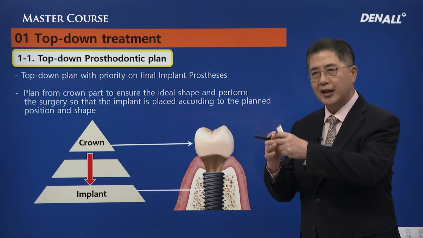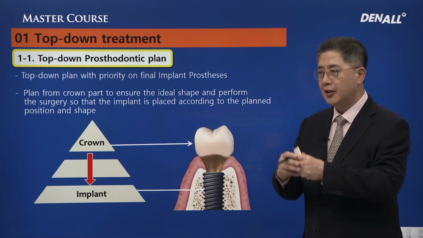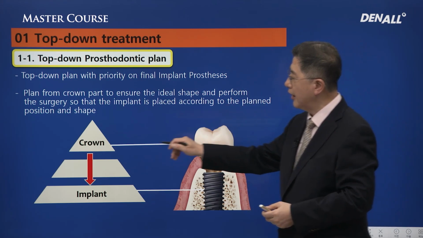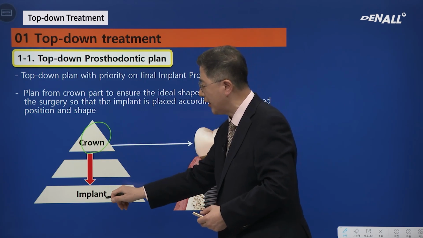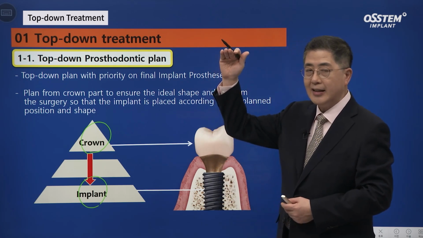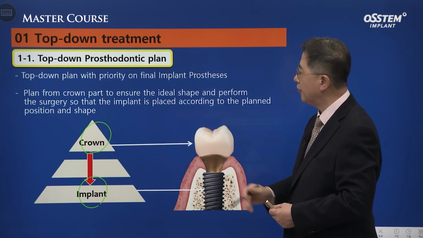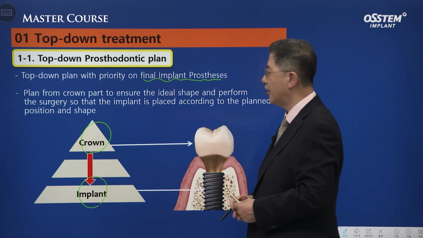In other words, instead of placing the implant, then choosing an abutment and making the prosthesis, we start from the diagnostic and treatment planning stage by first selecting the crown and then placing the implant in the ideal position. You don't go bottom up, you go top down. We need to focus on the implant prosthesis, but this is not always possible.